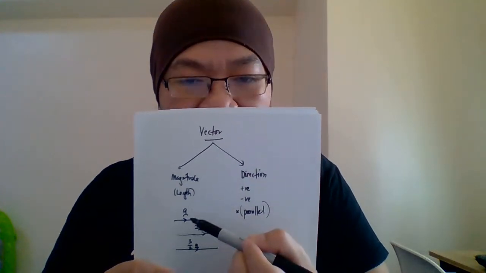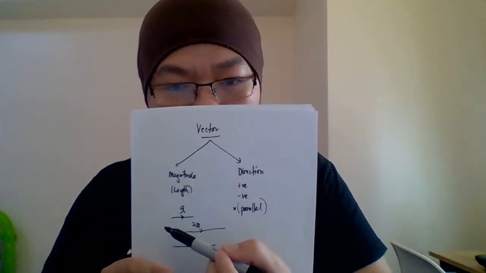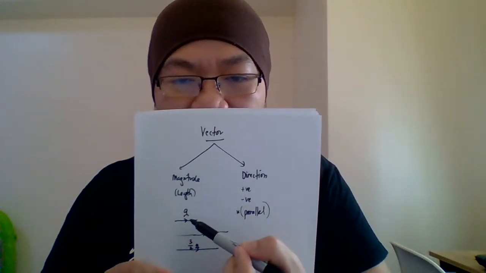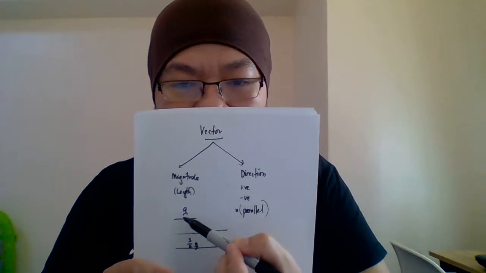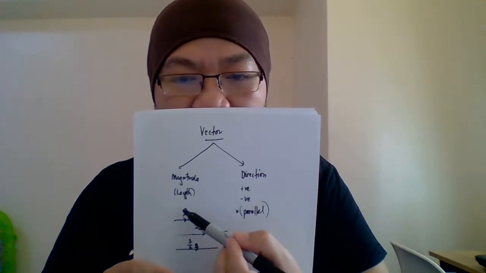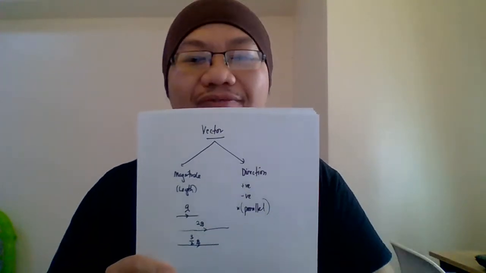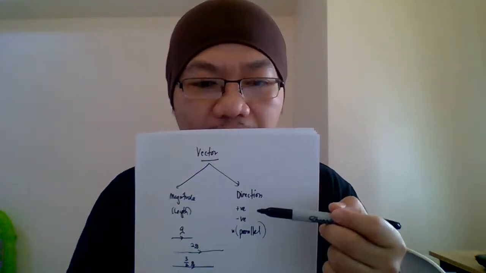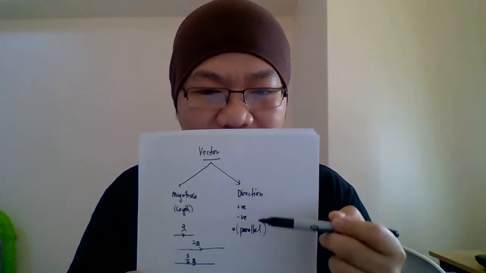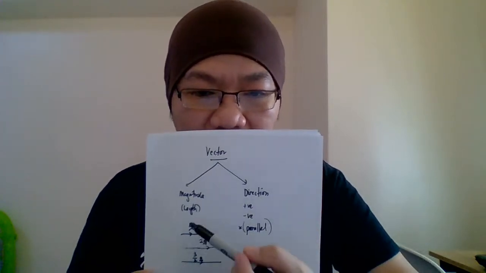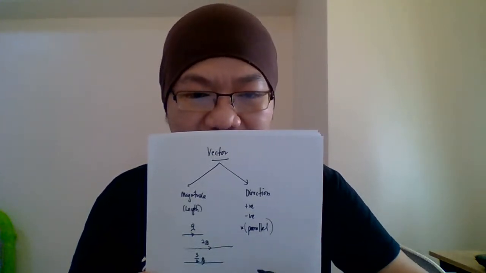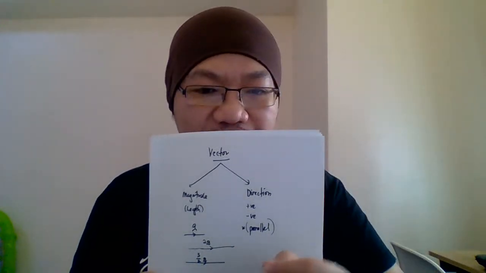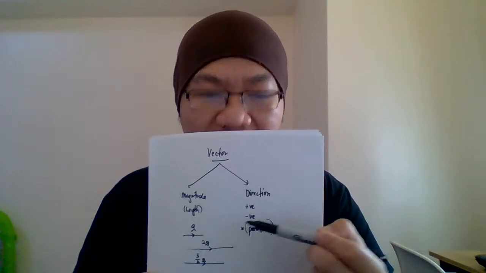If the direction is from right to left, let's say the arrow moves from right to left, the vector will become negative A. That is what is meant by positive and negative direction. If one of these has a different, opposite direction, the vector will become negative.